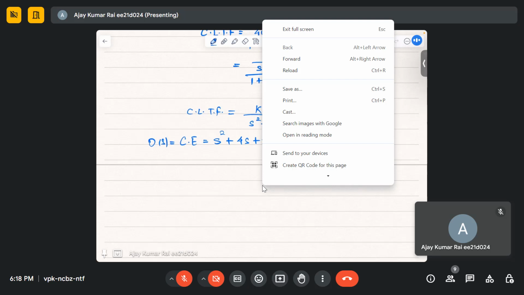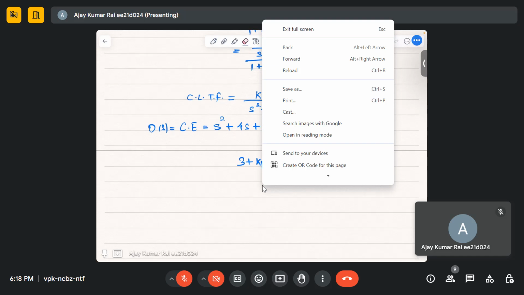The coefficient of s square is 1, the coefficient of s is 4, and the constant coefficient 3 plus Kp should also be non-zero, which means positive. Then we'll have both poles in the left half plane, since the degree is 2 and there are two poles. For that the constant term should also be greater than 0. Then what is the condition on Kp?